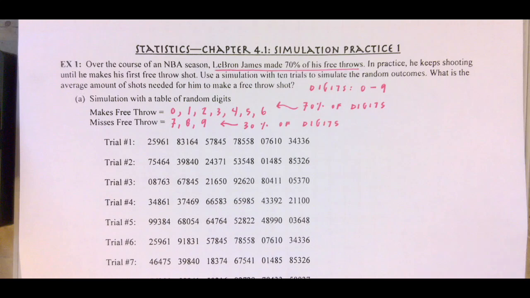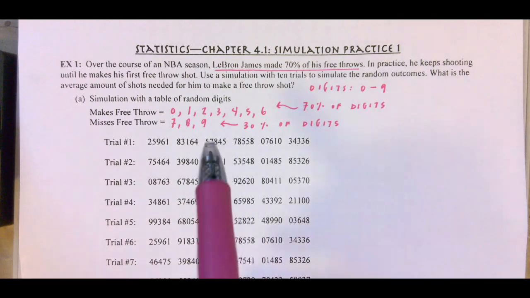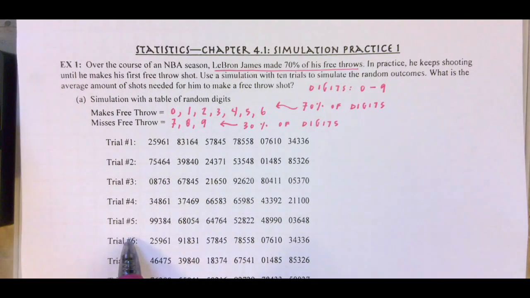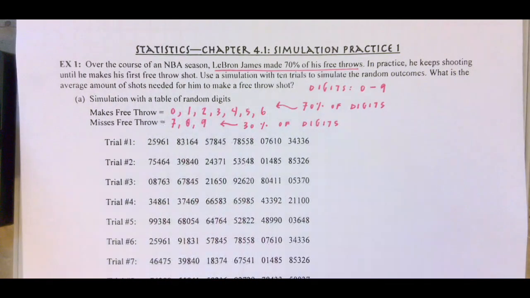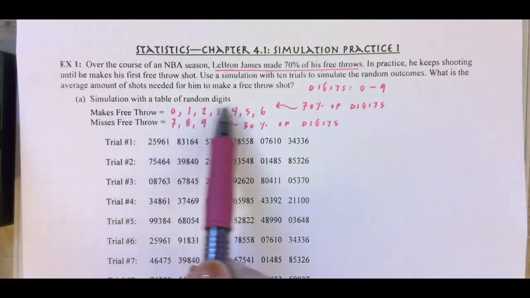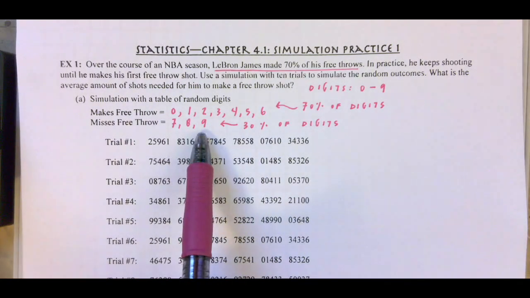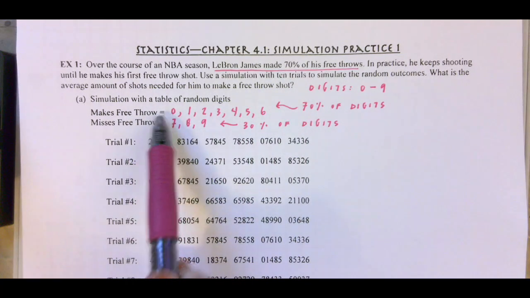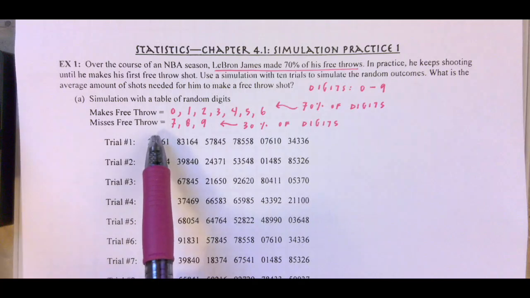No. I could have made it, instead, I could have made the missing free throw shots the 0, 1, 2, and the making could have been the 3 through 9. That actually would have been fine. I just have to communicate here how I'm allocating my digits and ensure that 70% are him making the free throw shot and that 30% are missing.